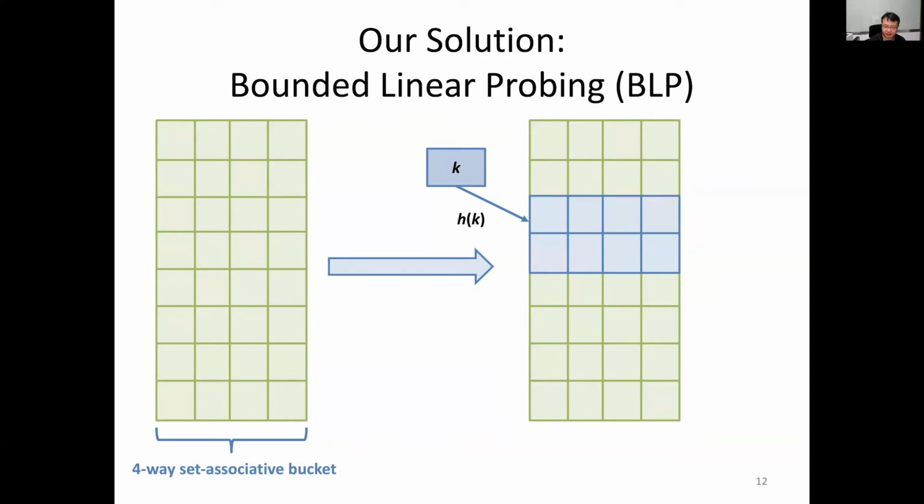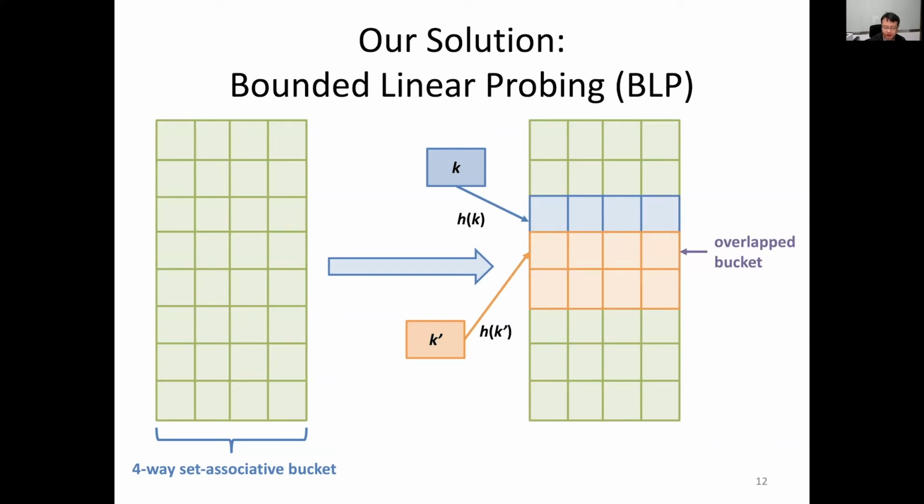So in this example, the key k can be placed in any one of the blue-colored slots. If we have another key k' that maps to the next bucket, then both k and k' can be stored in this overlapped bucket.